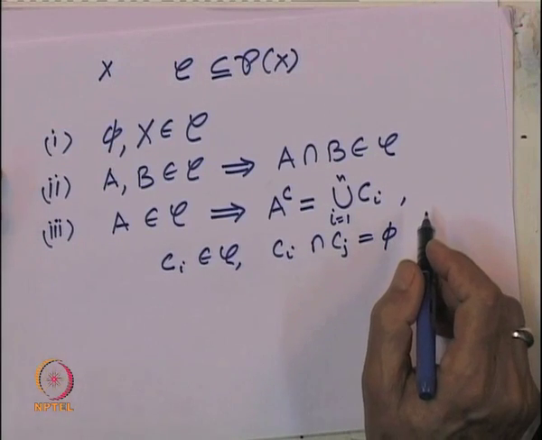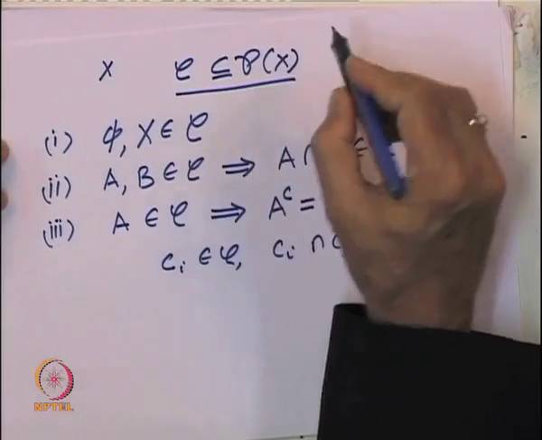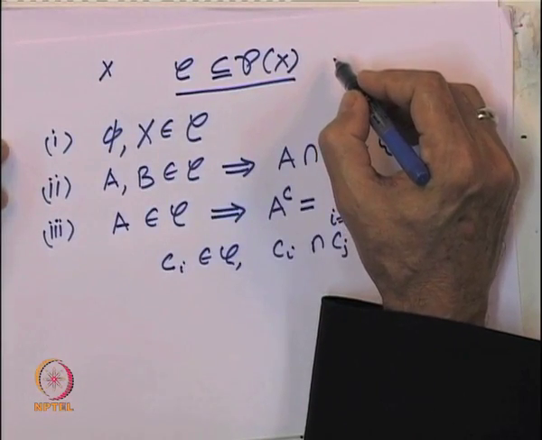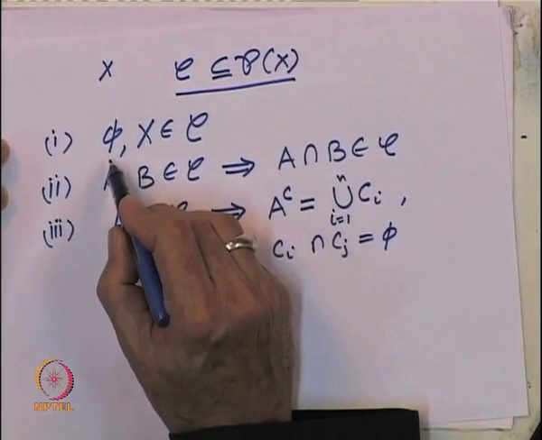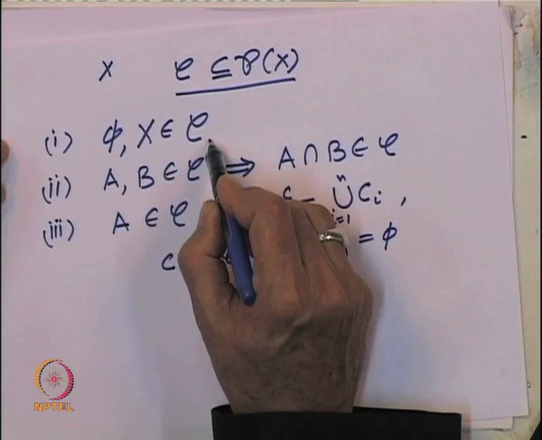Let us go through these concepts again. A collection C in P of X having the following properties. First, the empty set and the whole space are elements of it.